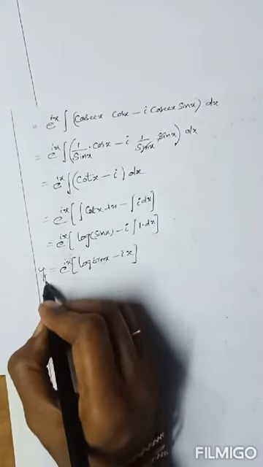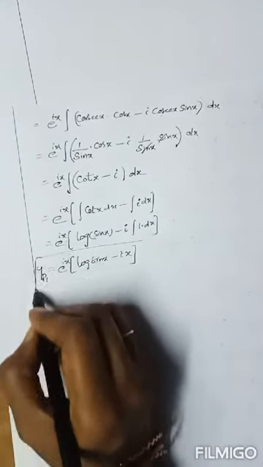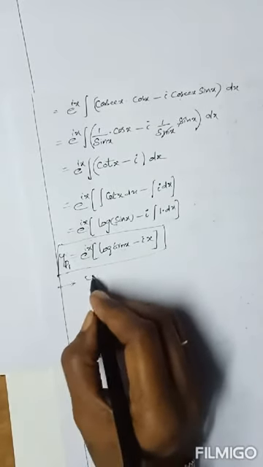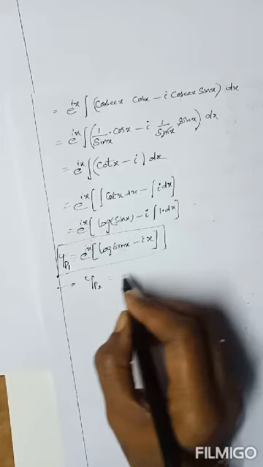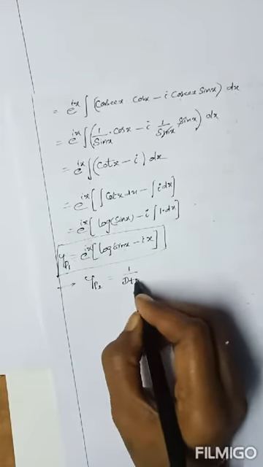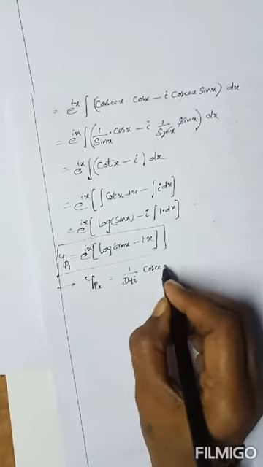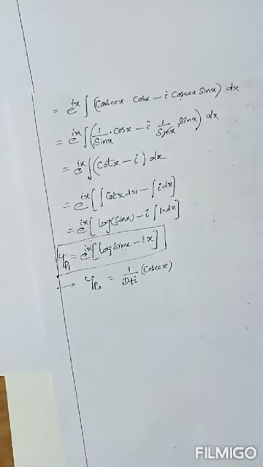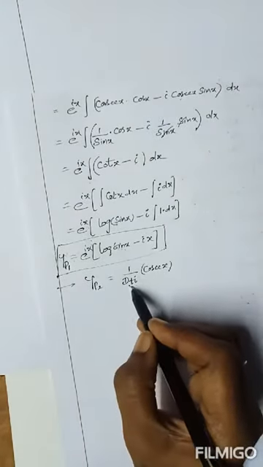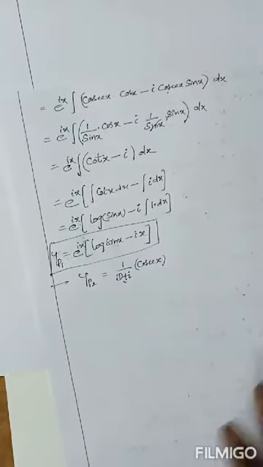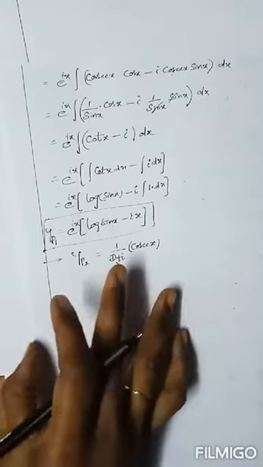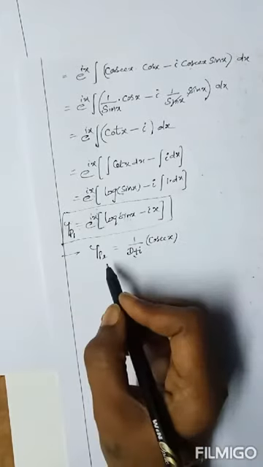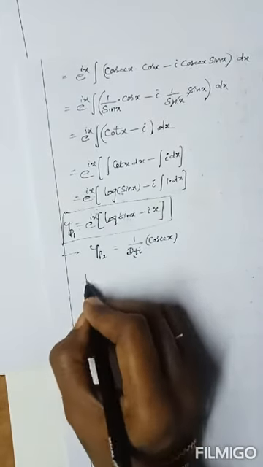Now this is the value of yp1 only. As per this, the corresponding value of yp2 is 1 by D plus i cosecant of x. Here yp1 and yp2 are the same, but instead of minus i there is a plus i. Directly we can write: put i equals minus i in yp1 and automatically you will get its result.